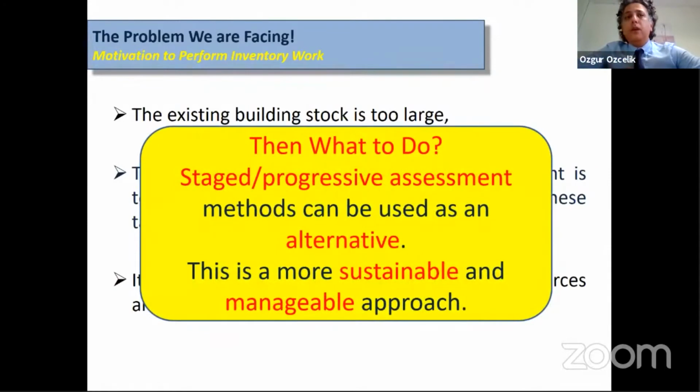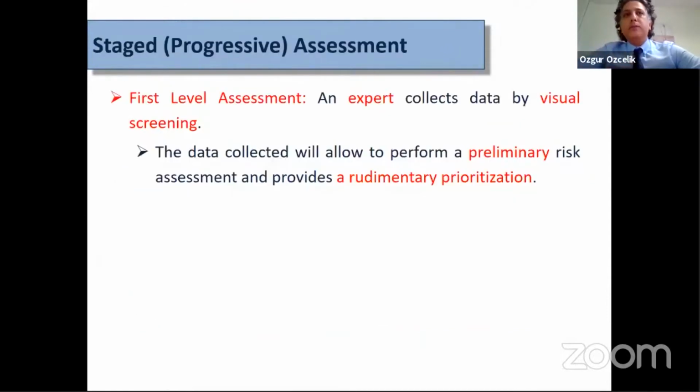Then what to do? Well, staged or progressive assessment. These methods can be used as an alternative. This is a more sustainable and manageable approach. So what is staged assessment? First level assessment: an expert collects data by visual screening of buildings.